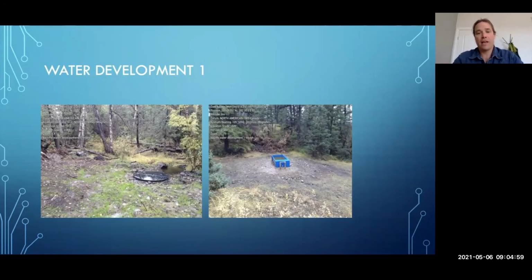These are much simpler developments. They're gravity fed, very different from the Guy Mountain project, where we had a more complex solar system put in. We just have an intake that gravity feeds a trough, and the trough has a float on it to control water flow coming in. The troughs also have the ability to be connected in series.